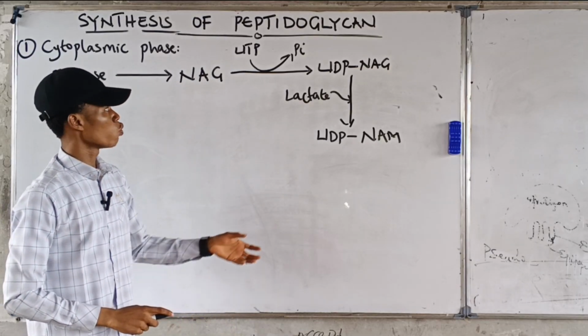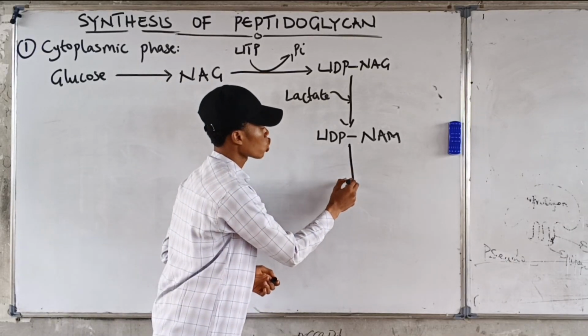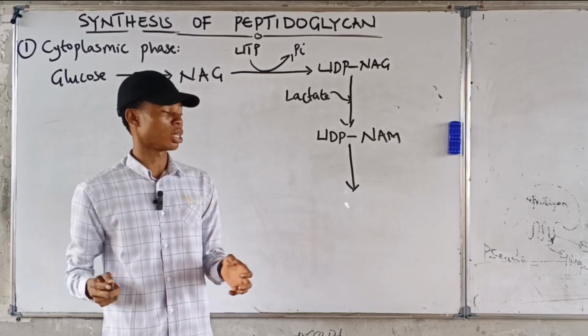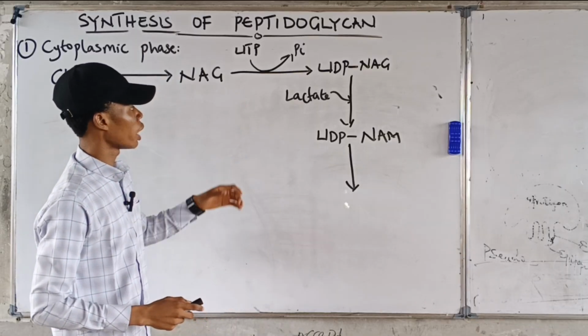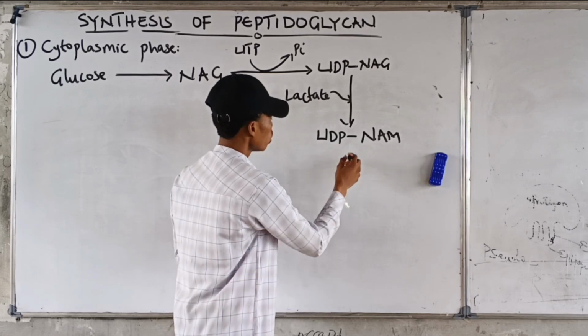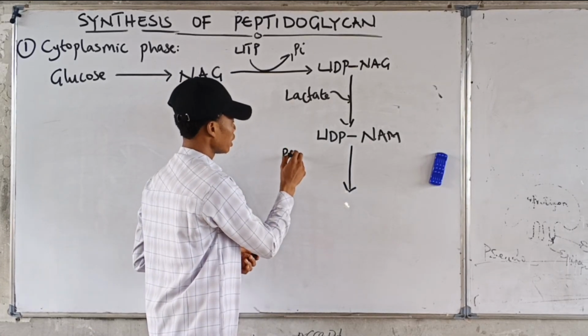Now remember that we are always adding something to our N-acetylglucosamine and N-acetylmuramic acid to form our peptidoglycan. And that thing we are always adding is our pentapeptide, right?